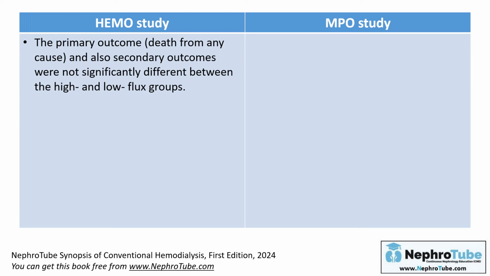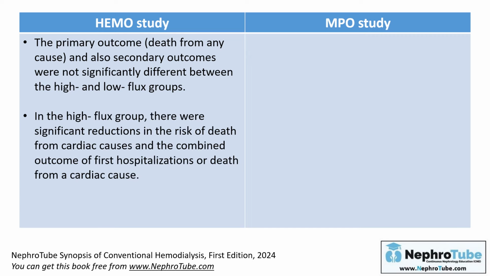They found that the primary outcome, which was death from any cause, and also secondary outcomes, were not significantly different between high flux and low flux groups, and also between the standard or high dialysis dose. But in the high flux group, there was a significant reduction in the risk of death only from cardiac causes, and also the combined outcome of first hospitalization or death from cardiac causes. So, according to the study, high flux dialyzers may be beneficial for cardiac patients.